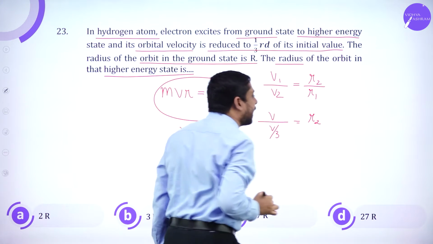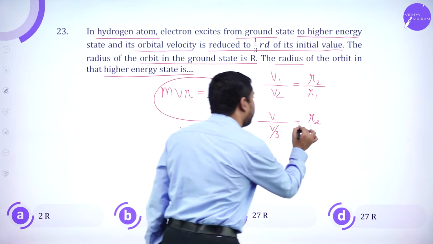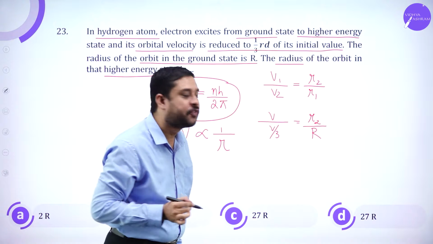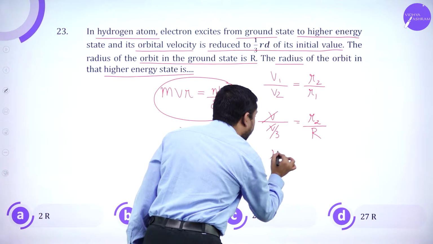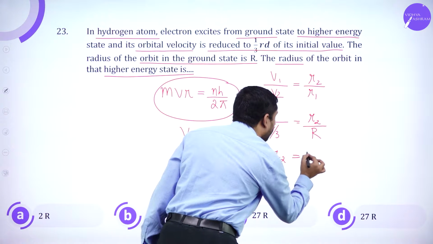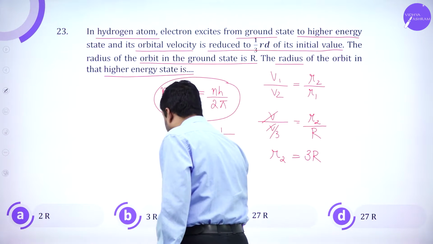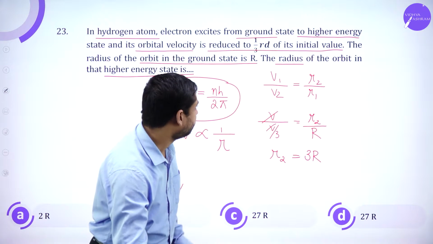R2 is the radius of the higher energy orbit, R the radius of the ground state. 3 goes to the numerator. So R2 becomes equal to 3 times R. So the answer is the second option.